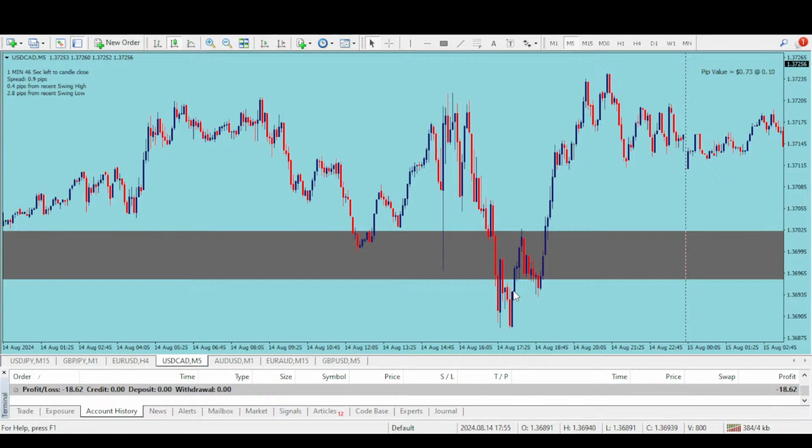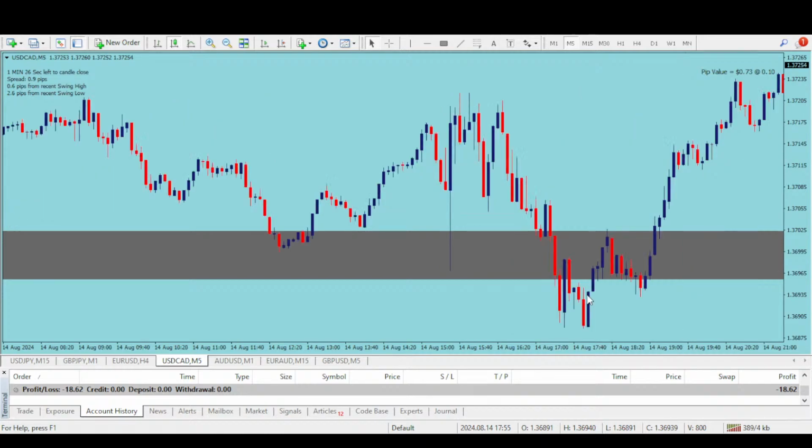Remember, we don't enter the first one. Allow the market to retrace back. So here, it retraced down here. Then with this candle now, we can enter. If we miss it here, we will wait for an opportunity to enter here. Exactly.